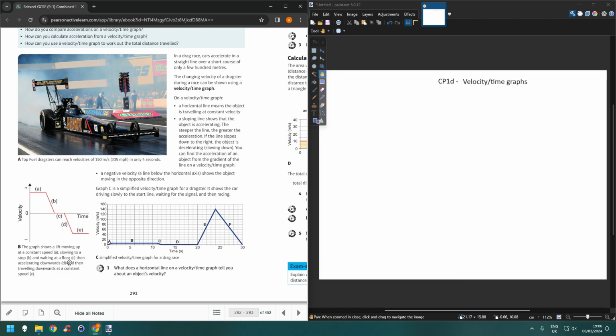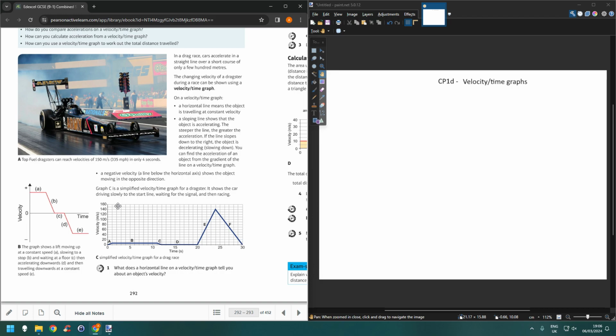D is speeding up to a negative speed, so accelerating to a negative velocity, because it's going downwards or backwards, and E is the constant speed at that negative velocity.